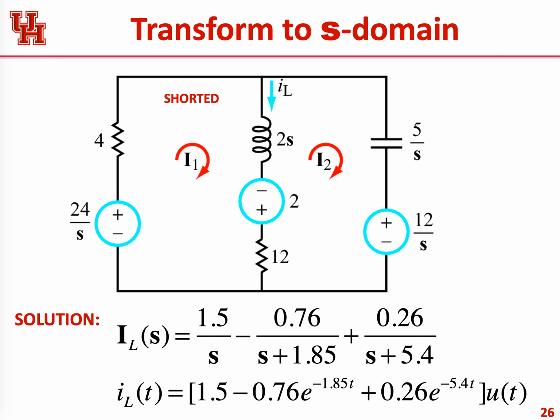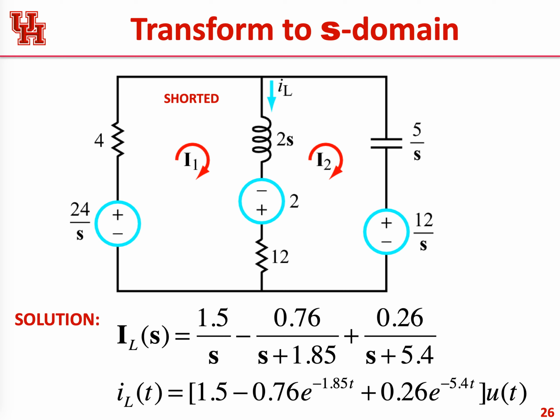So now we need to solve this for IL, right? We're going to do it in the Laplace domain, so I'm going to put a capital IL of S here, right? So we can solve for this using a variety of ways, because the voltage here is common, right?